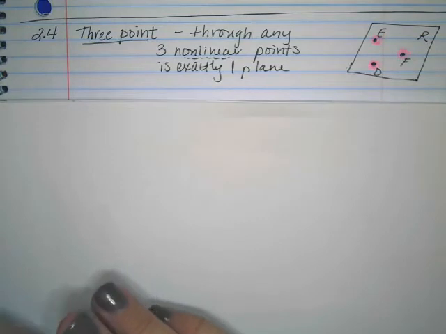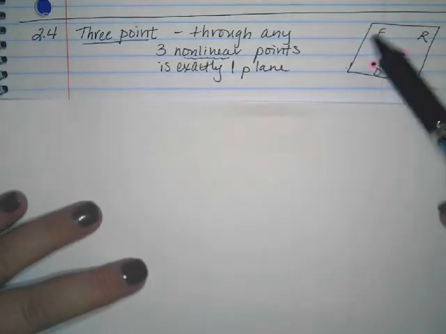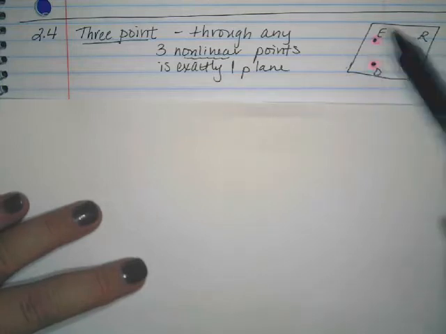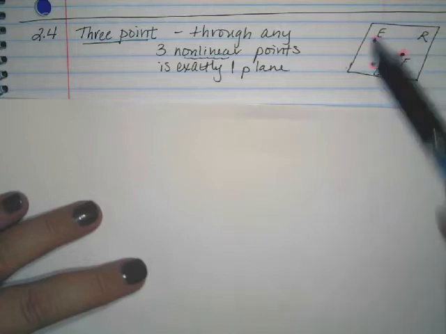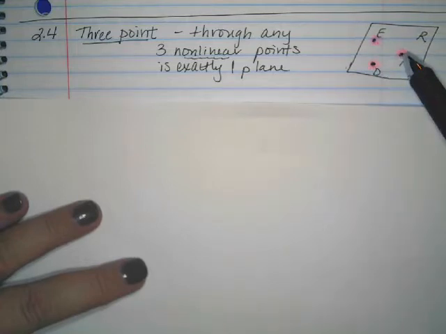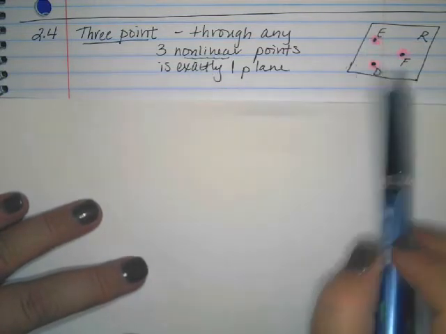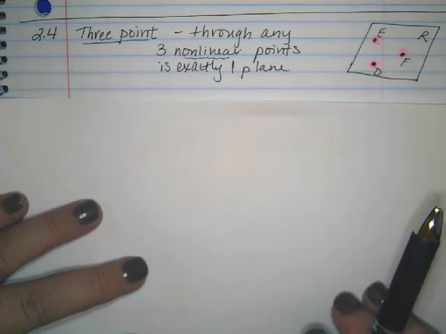Nonlinear points establish the plane. I can see there's 3 points, and they're not all in a line. They're kind of just all over this little piece of paper, right? This is a plane. It's kind of like a flat piece of paper here. Through these 3 points, I couldn't just draw a line. So remember what nonlinear means. With 3 points, there's exactly one plane.